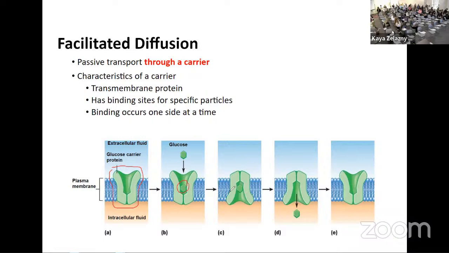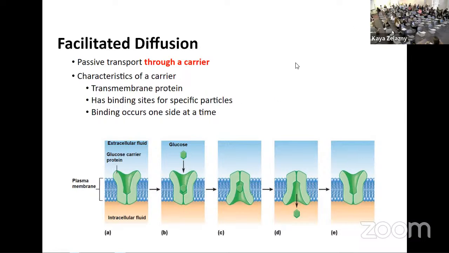And then that protein flips around, the slot flips around. Now glucose is on the opposite side of the membrane and can be released into the intracellular space. At the end, that transmembrane protein is going to go back to its original state, waiting for glucose again. So we can reuse these transmembrane proteins for transport.